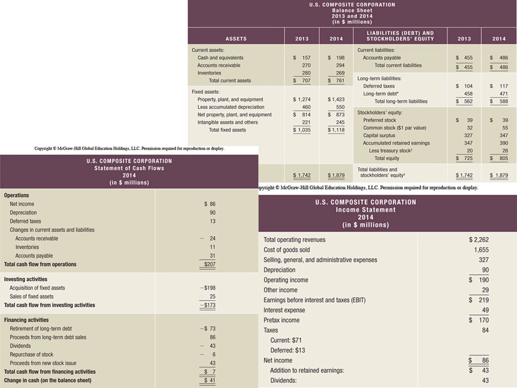Now let's look at dividends. Dividends are a real use of cash. When you pay dividends to the shareholders, that is a use of cash. And we paid $43 million in dividends, so that says minus 43 to reflect that cash outflow from the firm.